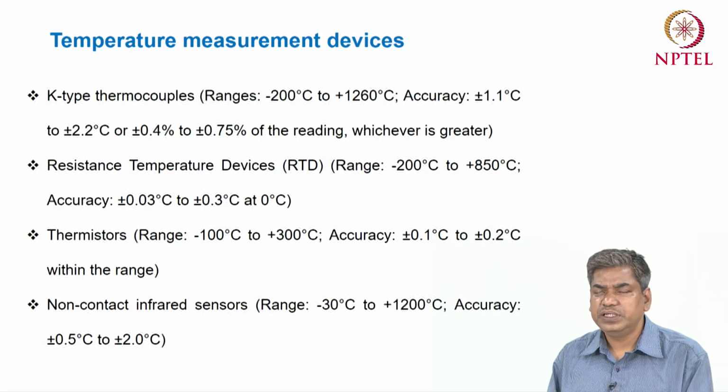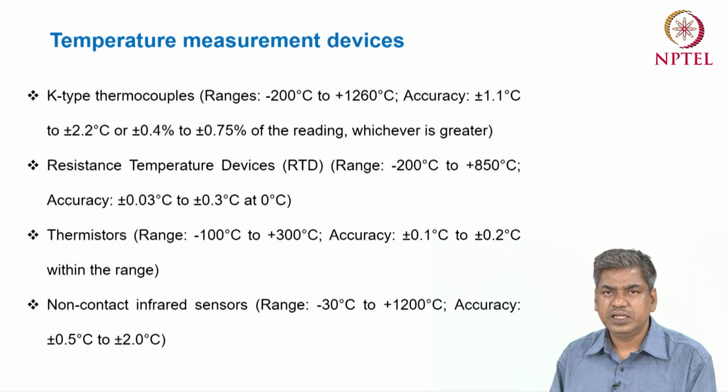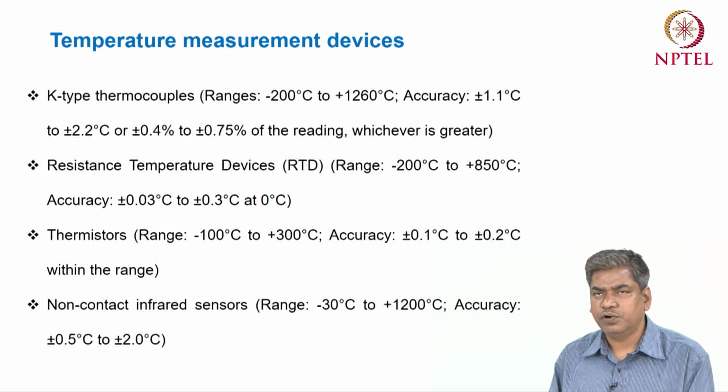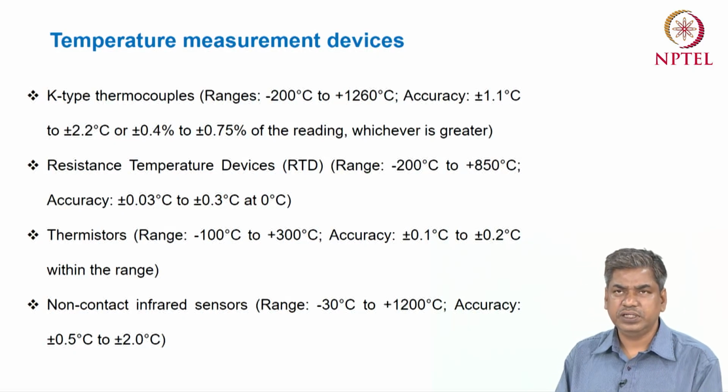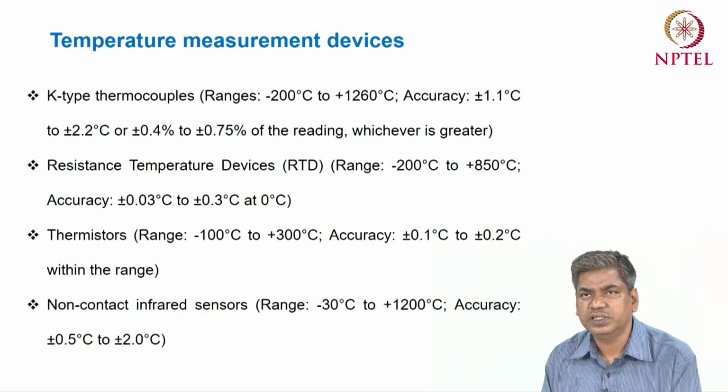So these are the various types of temperature measurement devices which are used in experiments for the vapor compression system.